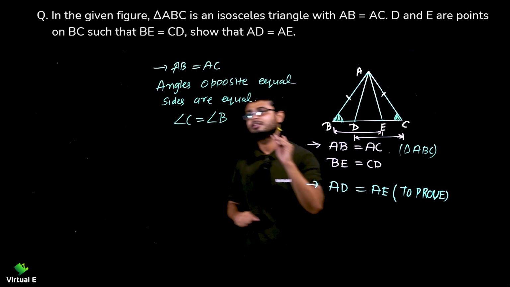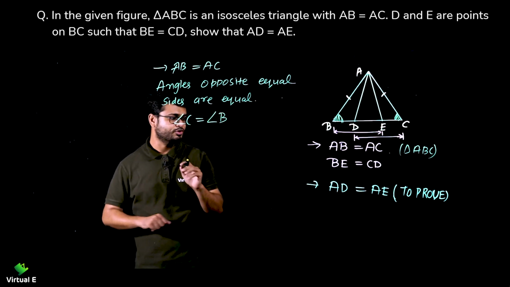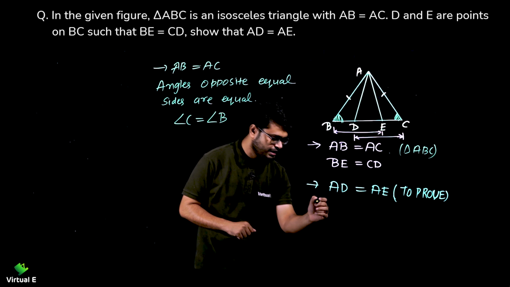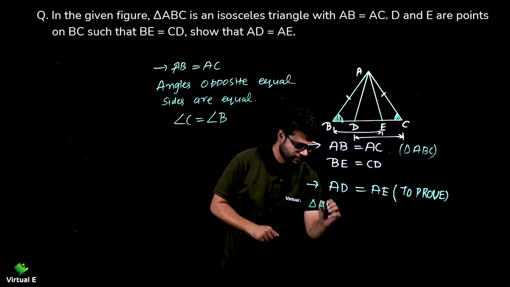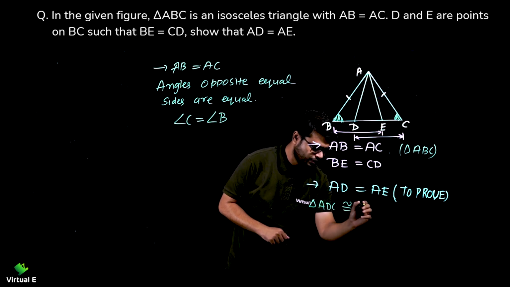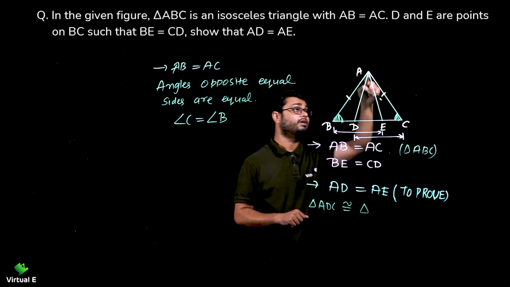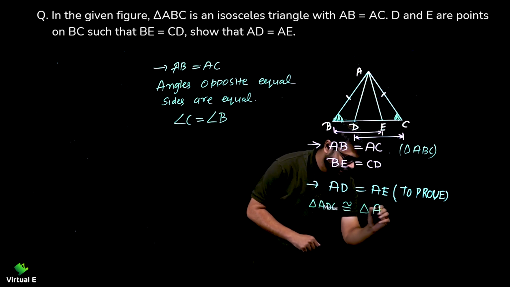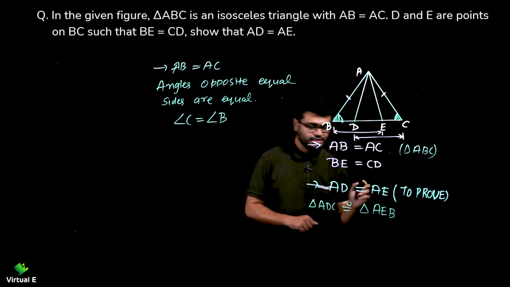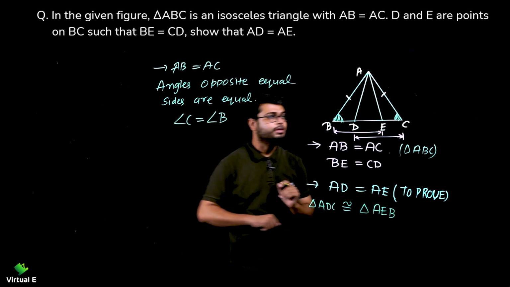Now let's talk about the two triangles that we want to prove congruent. For AD, we want to prove triangle ADC congruent, and for AE, we want to prove triangle AEB. These two triangles we want to prove congruent.